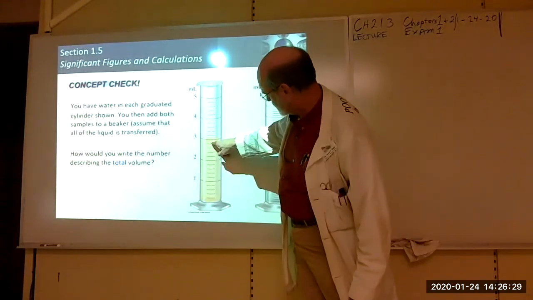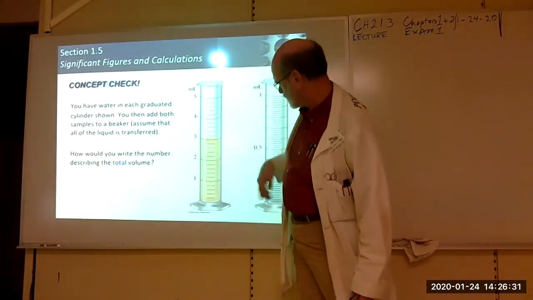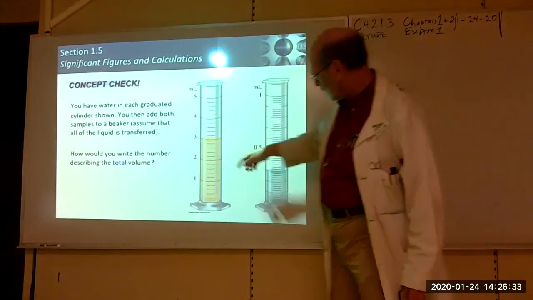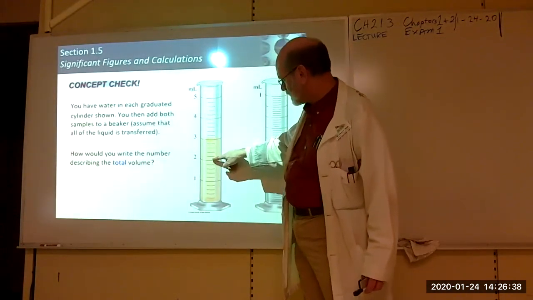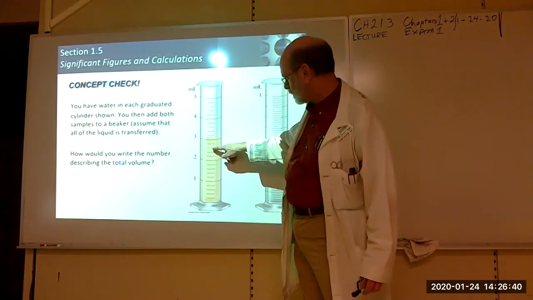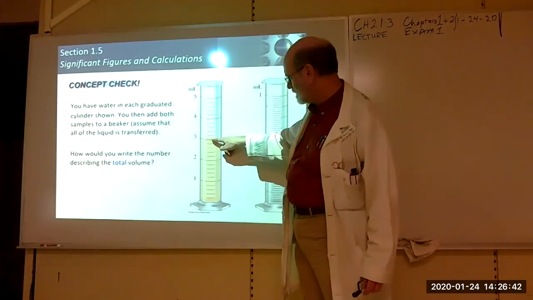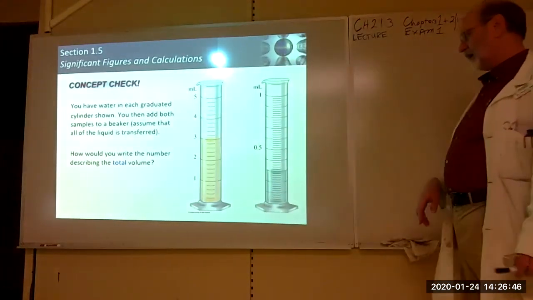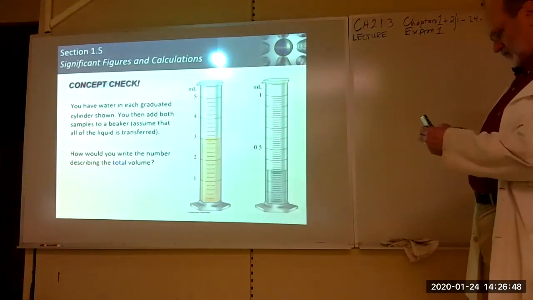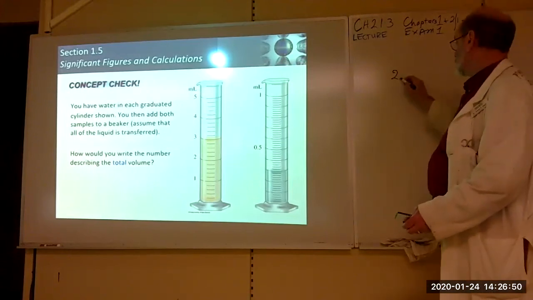Is that the bottom of the meniscus? I'm not sure. What would that be? 1, 2, 3, 4, 5 divisions. So that'd be 2.2, 4, 6, 8, 2.9. Right, 2.9 milliliters.